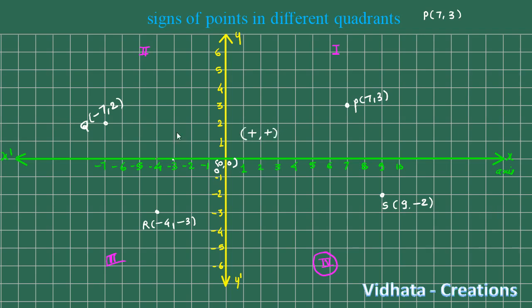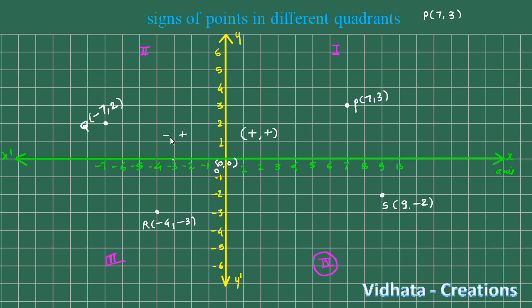And here you see, in case of Q, the x coordinate is minus and y coordinate is plus. So if the point lies anywhere in the second quadrant, then its coordinates are always in the form of minus and plus.